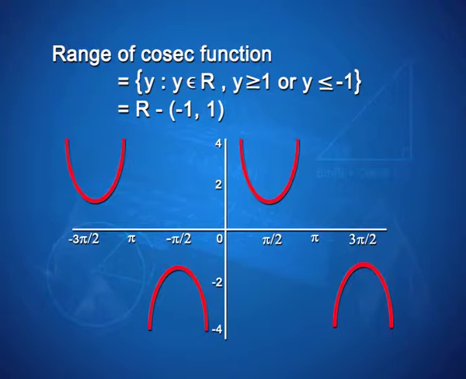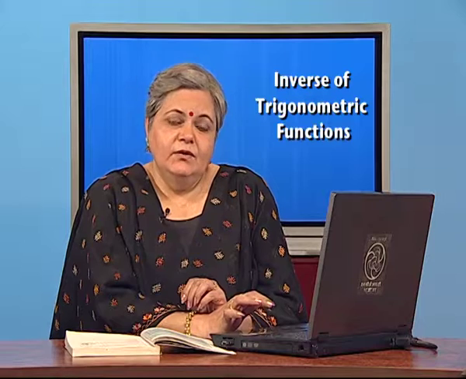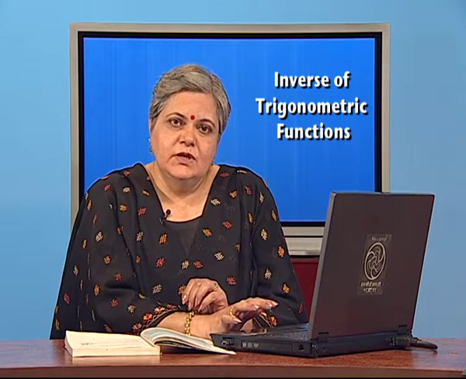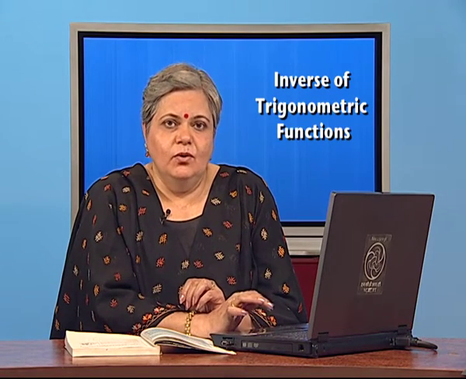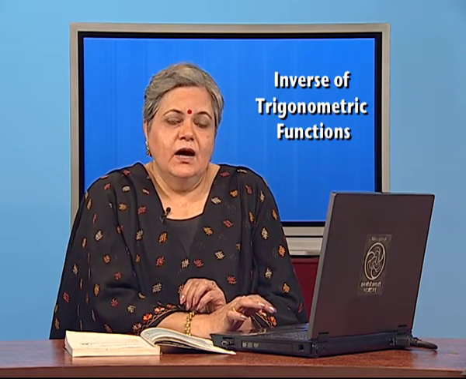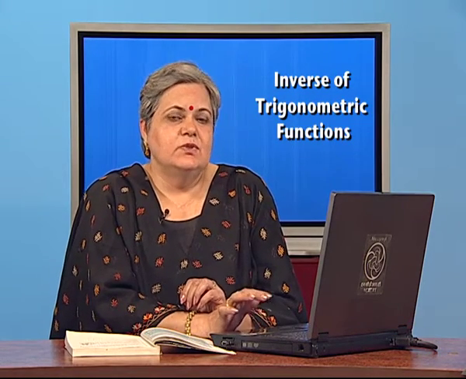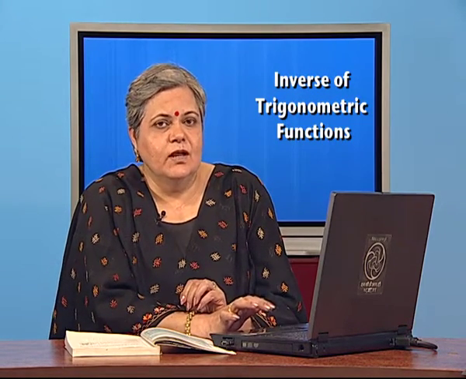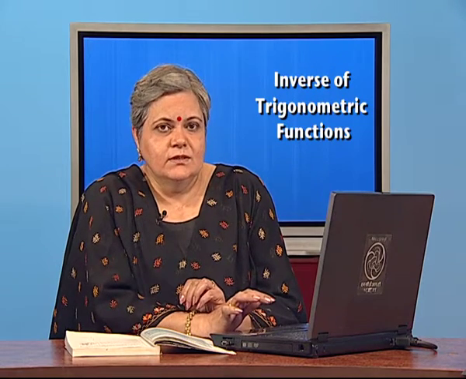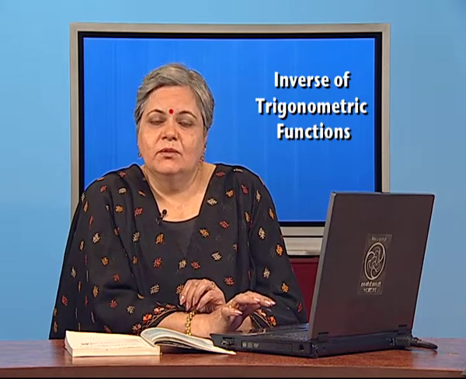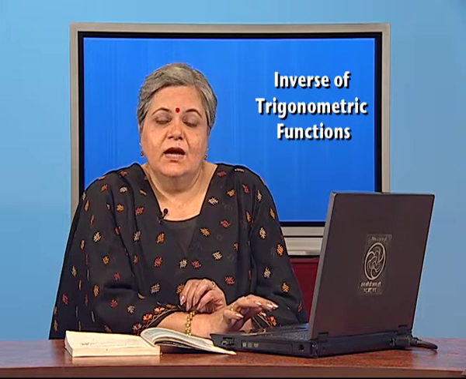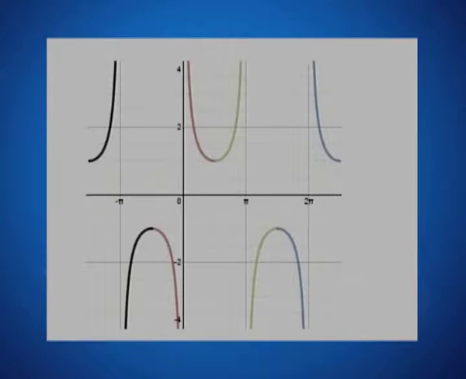Observe it closely and see if you can identify the subintervals of the domain over which the function is 1-1, and when mapped to the range of the cosec function is an onto function. Again, think of the horizontal line test. Pick regions which are not crossed by a horizontal line more than once. I am sure you are coming up with many answers, and some of those are reflected here.